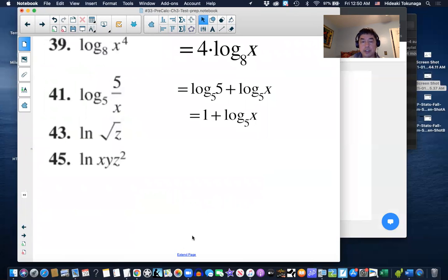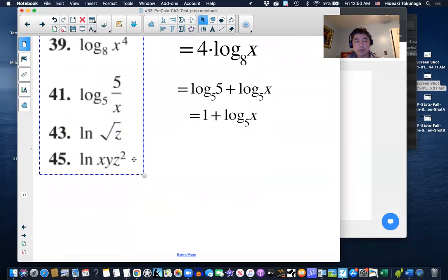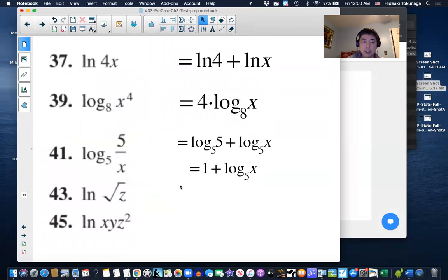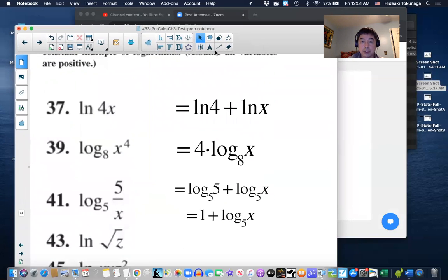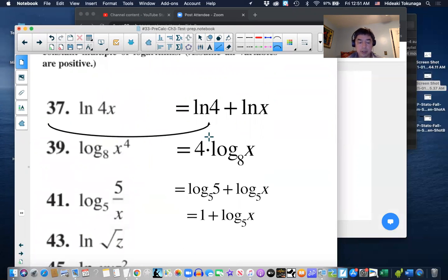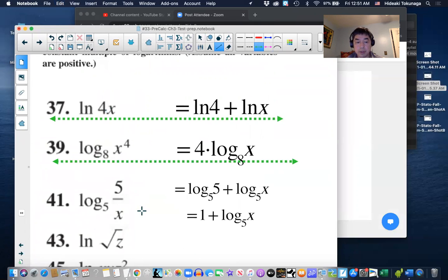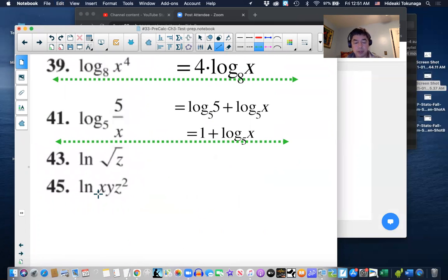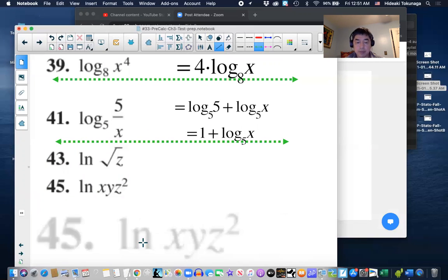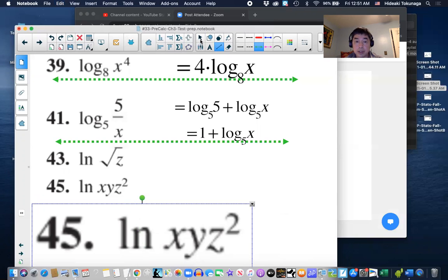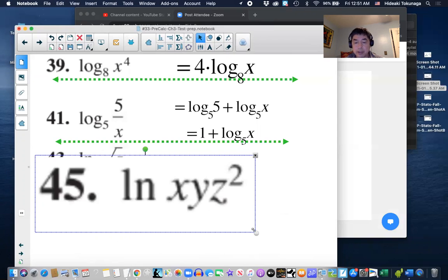Okay, let's do 43. Maybe I should separate this. This one goes here, this one is here, this one is here. Let me cut and paste 45 a little further down.